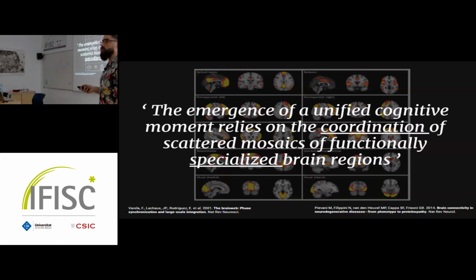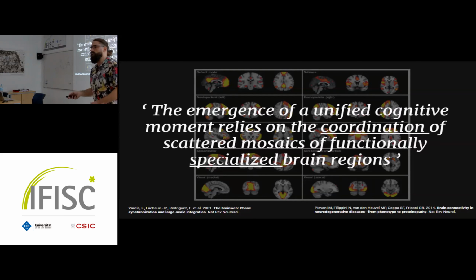My main motivation comes from the ideas of Francisco Varela. He was a Chilean neuroscientist, also a theoretical biologist. In the last paper that he published before dying, he expresses this about brain dynamics and the link with cognition. I will read: the emergence of a unified cognitive moment relies on the coordination, a key word, of scattered mosaics of functionally specialized brain regions.